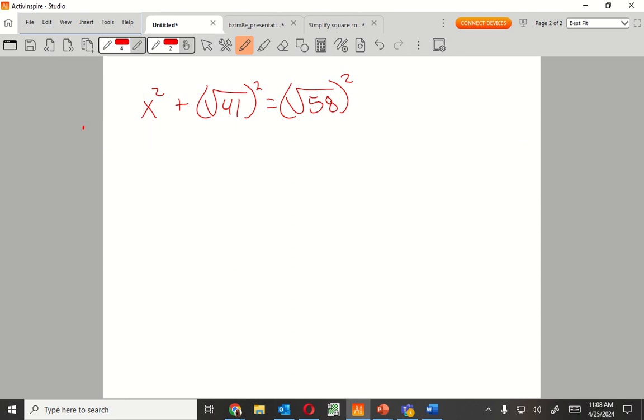So, as long as we're writing it out, it should look like this. Now this time, I need to do a little bit of algebra to get my x squared by itself. So it's x squared plus 41 equals 58. Now, what am I going to do to that 41 to get the x squared by itself? Did you subtract the 41 from the 58? Yes, I did. I'm going to subtract 41 from both sides.